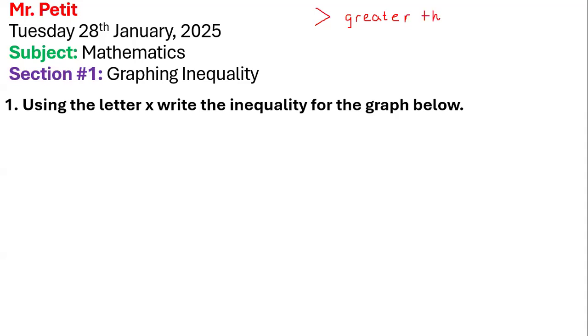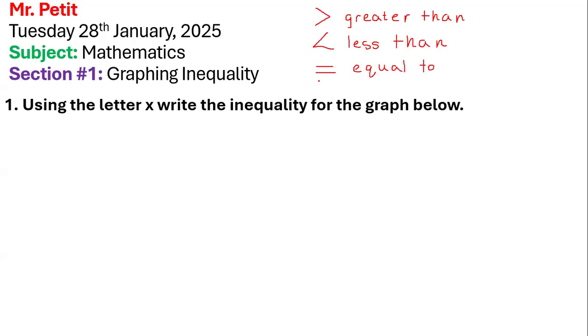What does this one mean? Less than. And then what does this one mean? Equal to. Equal to, very good.